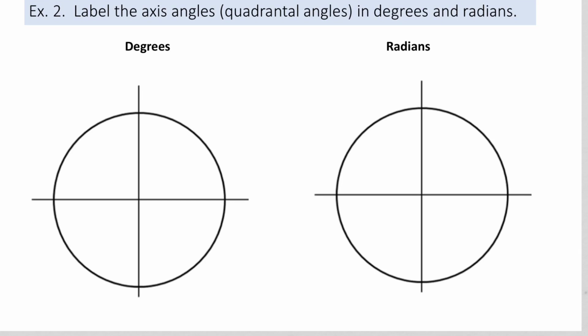So we're going to label these 2 circles according to how we're going to label our system of angles in standard position.